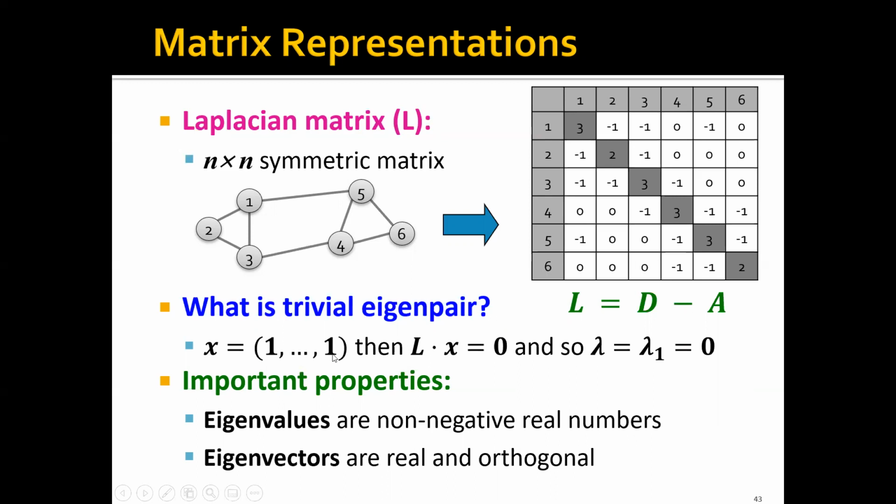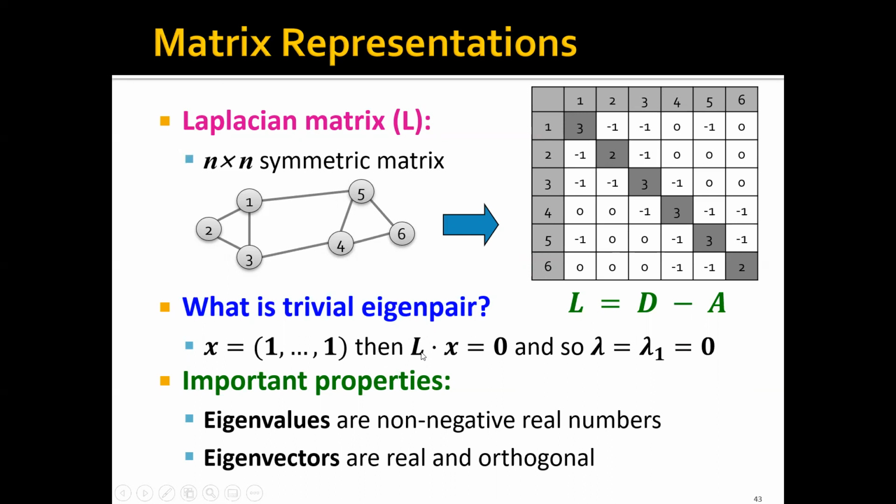If we compute the Laplacian matrix L times x, we can see that it will result in a vector of all zeros. Why is this? This is because if you look at this matrix, each row sums up to 0, and each column also sums up to 0.